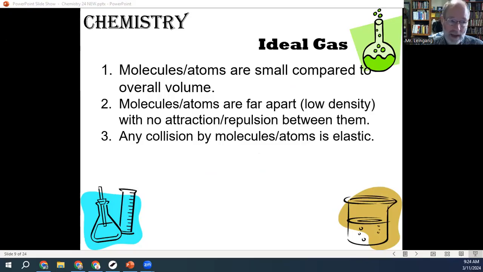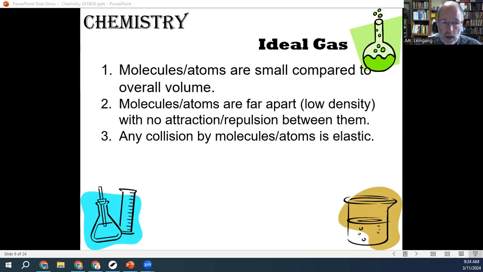What is an ideal gas? Well, an ideal gas is one in which the size of the gas molecules is very, very small in comparison to the volume. Earlier I was using examples like, what if I have 5 molecules of gas? Well, that's not very many. Usually when we're dealing with gases, just like atoms, we're dealing with hundreds of millions of these molecules in a particular situation.